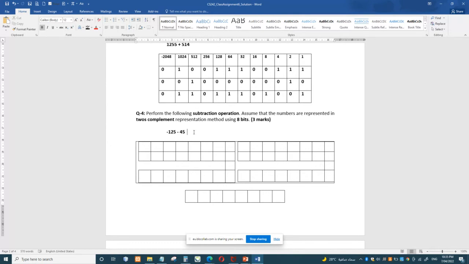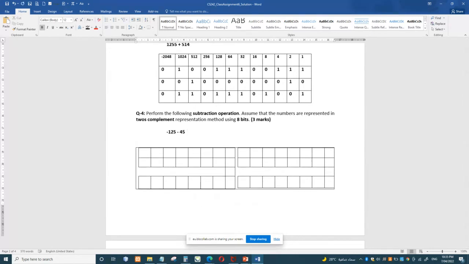So in this particular problem, we need to do subtraction, but we can convert it in such a way that we don't need to do the subtraction. We'll represent minus 125 and then add it with minus 45.